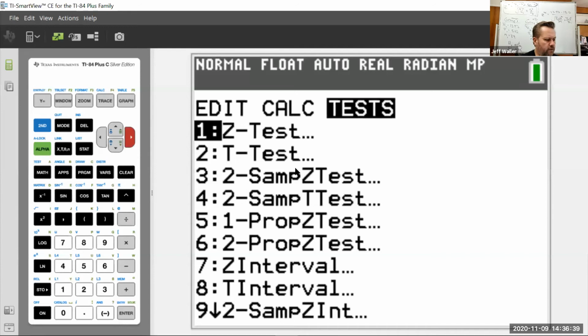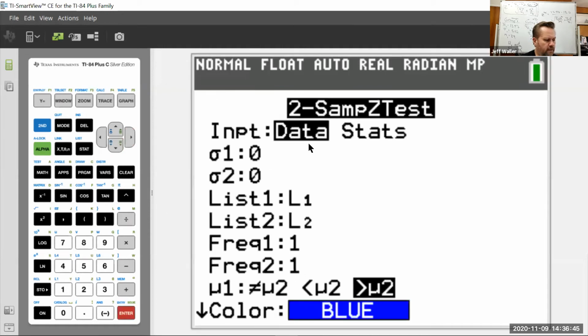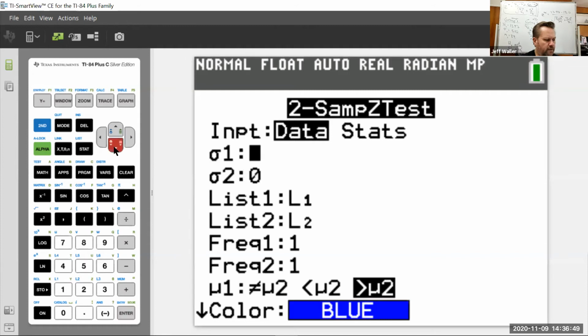Look at this, 2 sample Z test. Let me go down here. And then it says, do I want to input data or statistics? Well, I want to input data, right? And here's where you could put whatever that standard deviation was. And remember, my data is not the right data. And then whatever the other one was, I don't even know.